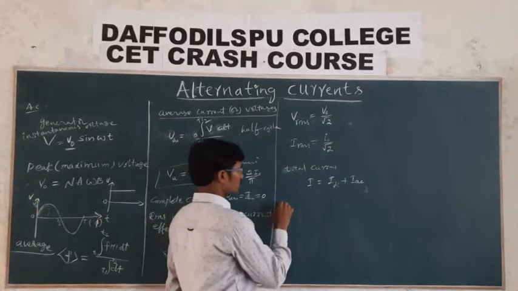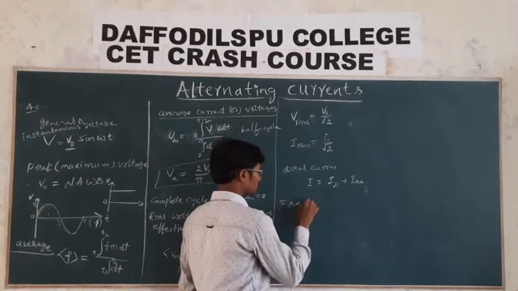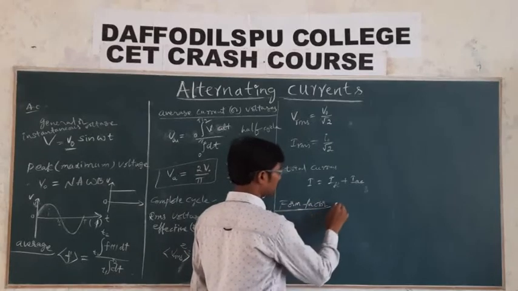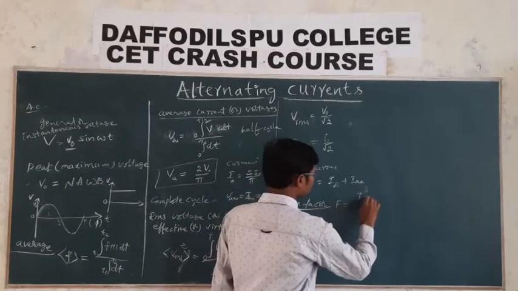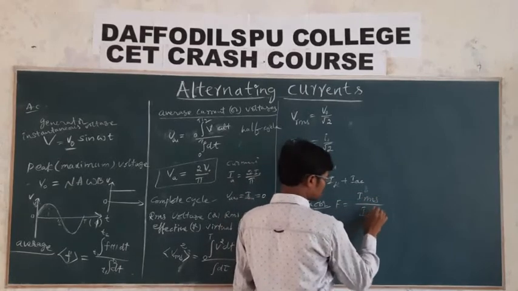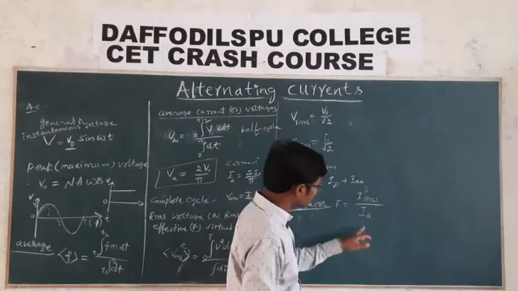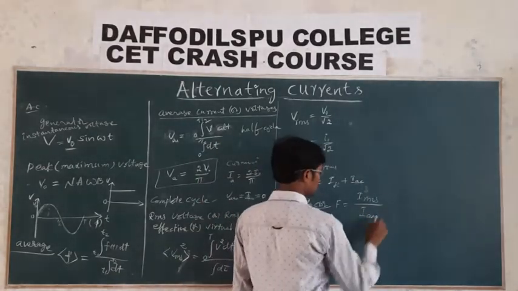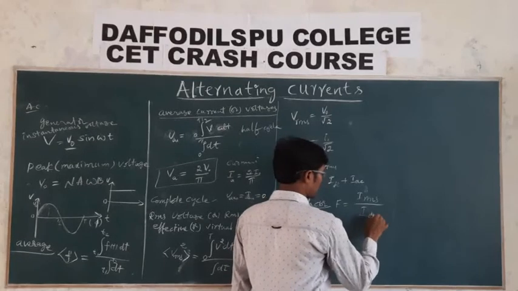Whereas form factor is the ratio of the RMS current to the average current, which is nothing but I DC, or I average.